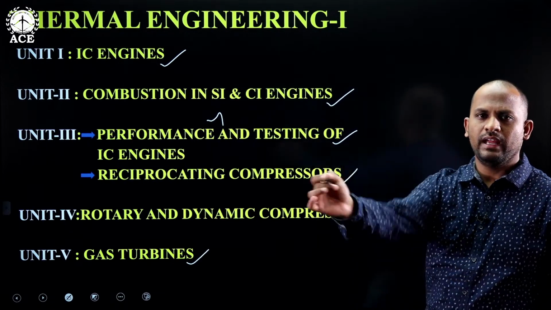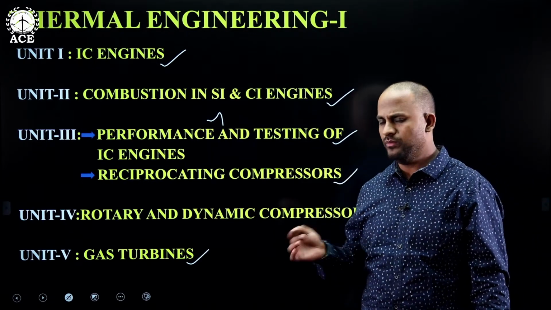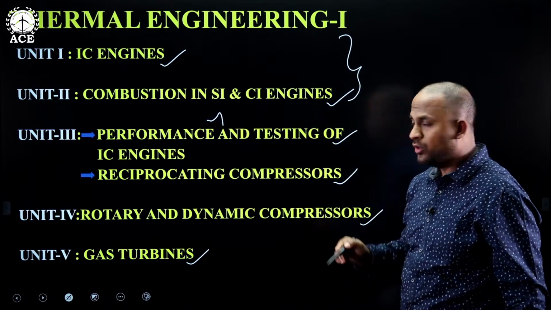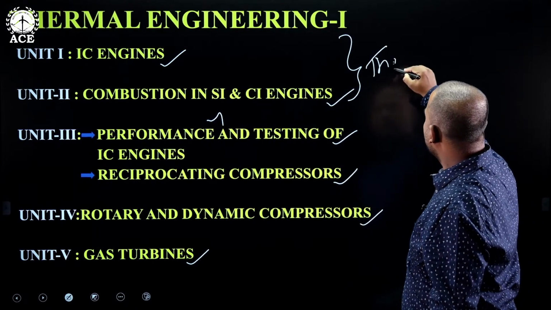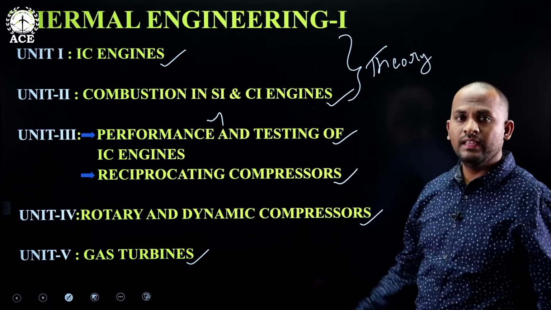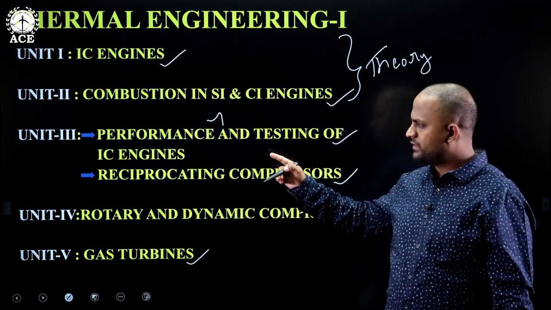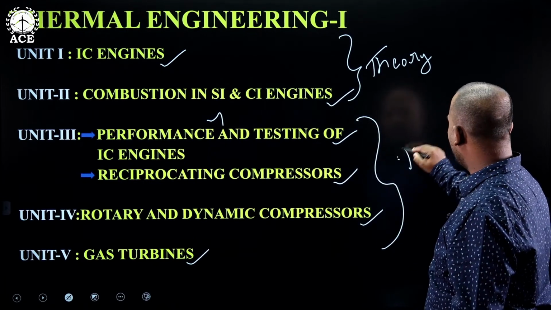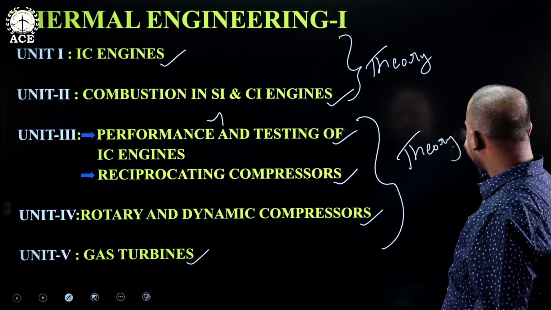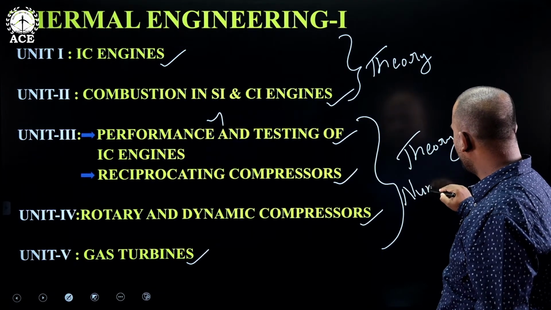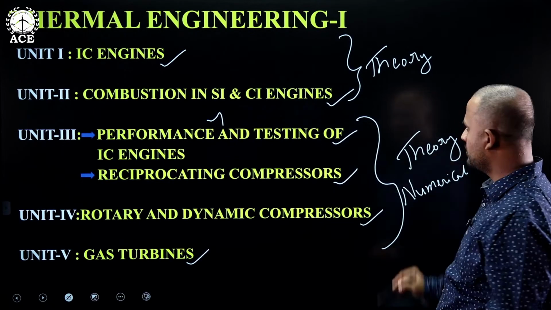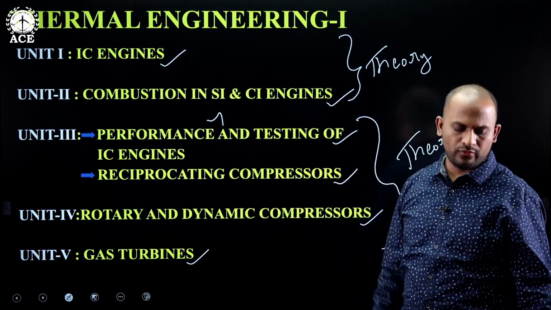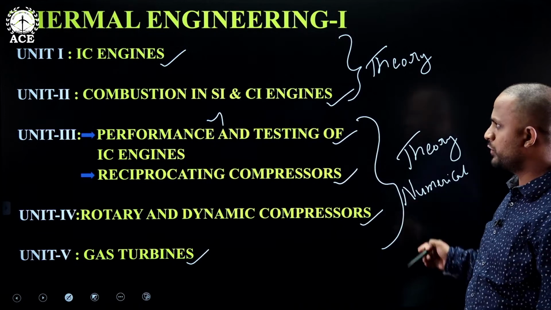When we see the previous examination question papers, we can say that from unit 1 and unit 2, we are getting only theory based questions, whereas from unit 3, unit 4 and unit 5, along with theory, we are getting numerical based questions.